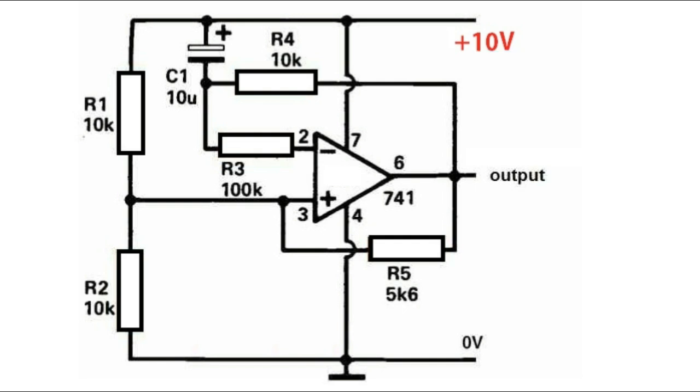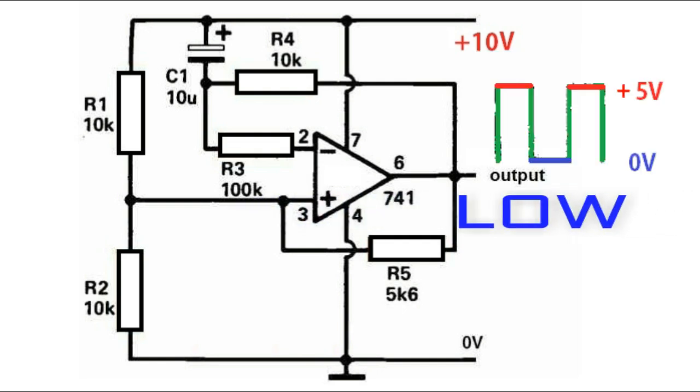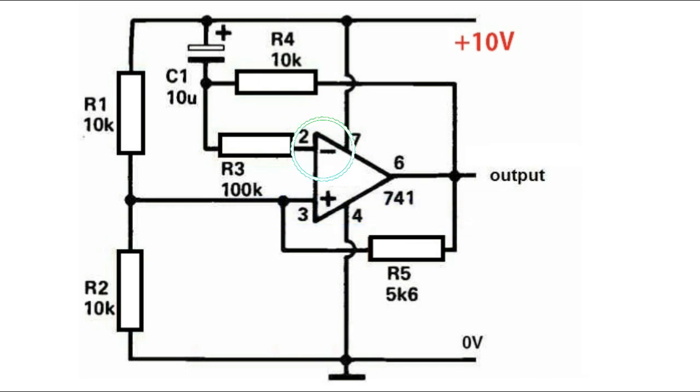Imagine that the 741's output is low initially, to demonstrate how the circuit works. The inverting input would be at a level that is less than half the supply, assuming that C1 is also uncharged. Due to the current flowing via R4, the bottom end of C1 will begin to drop in voltage until it reaches the value at pin 3.